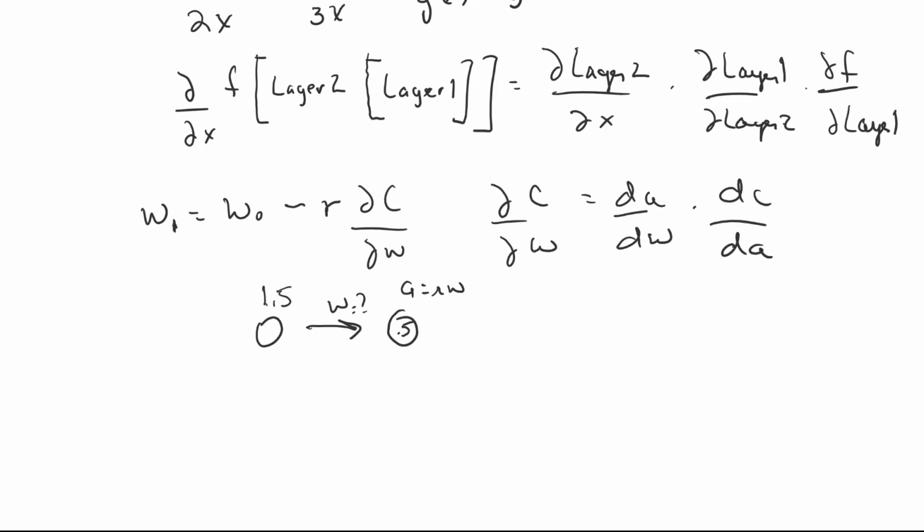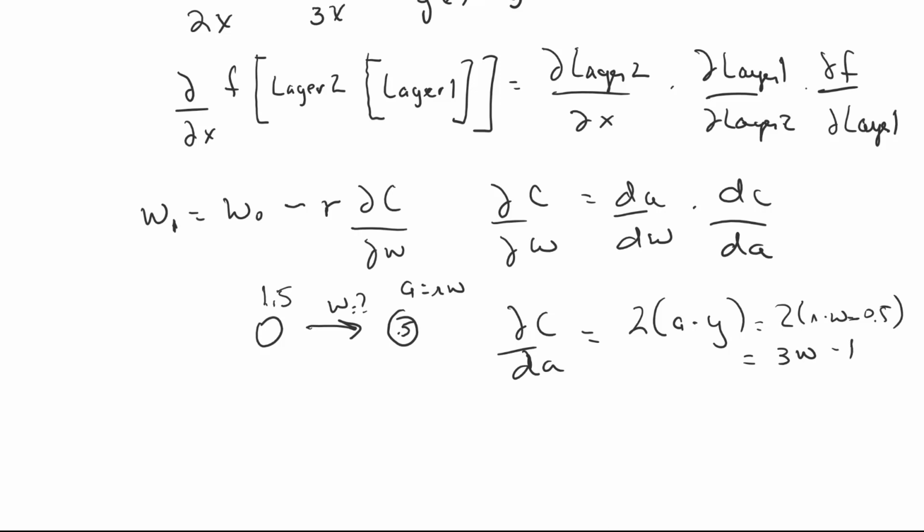So let's go through the calculations here. dC dA is equal to, remember, 2(A minus Y). That is equal to 2(IW minus 0.5). If we do all the calculations, this is equal to 3W minus 1. And then we need to know dA dW to do the chain rule up here.